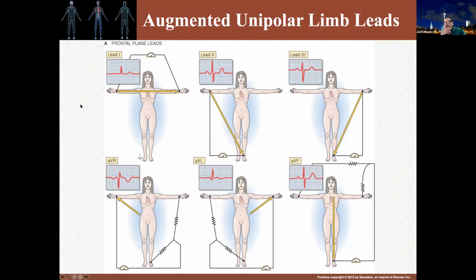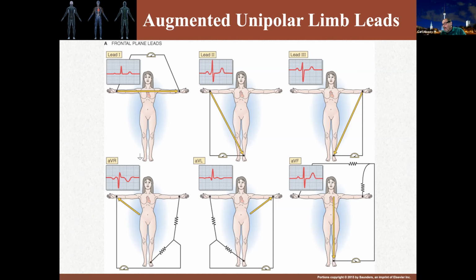Another type of lead we have is the so-called augmented unipolar limb lead. And notice what's going on in this particular case. Now what we're doing is we're combining the leads, in our first case left arm, left leg, and those are going to be, our other limb lead is going to be placed over here on the right arm.